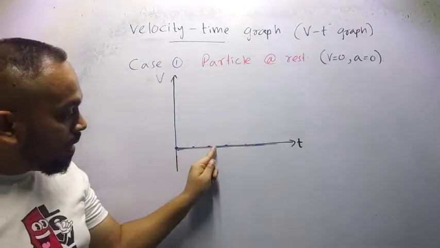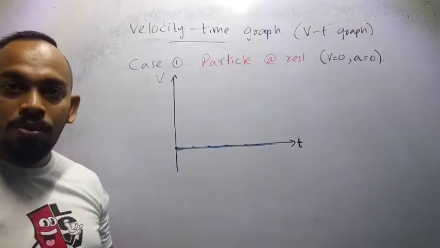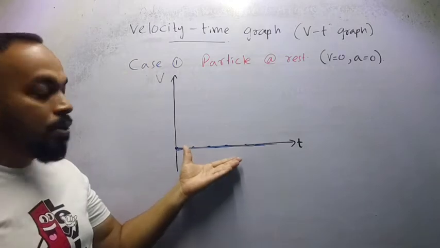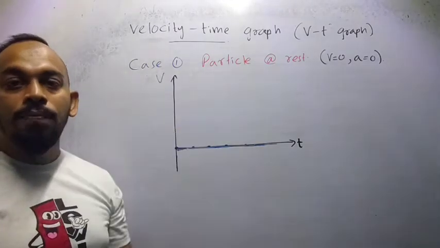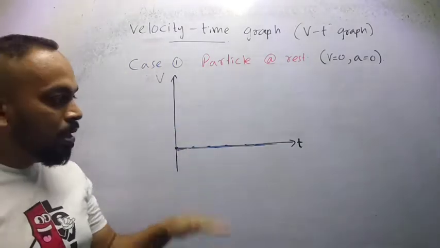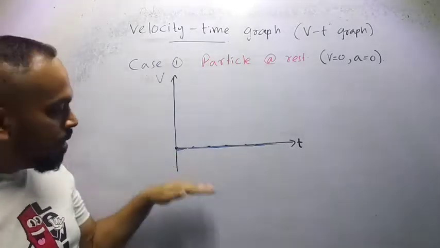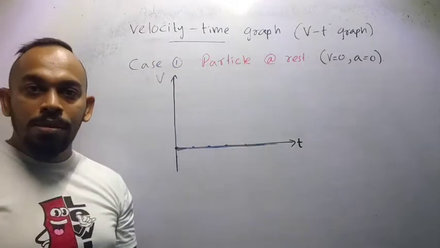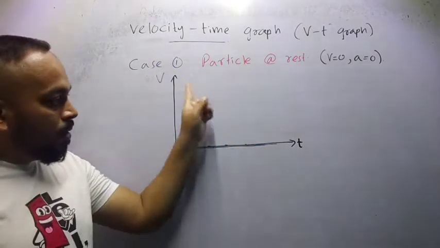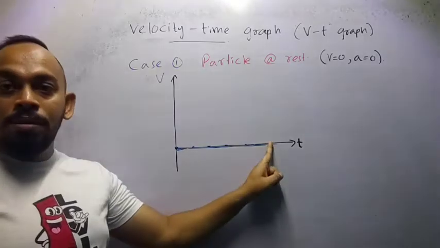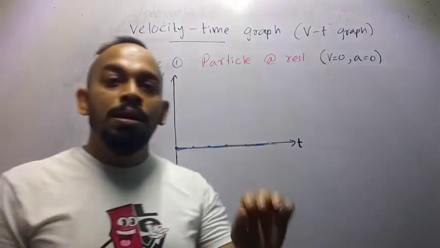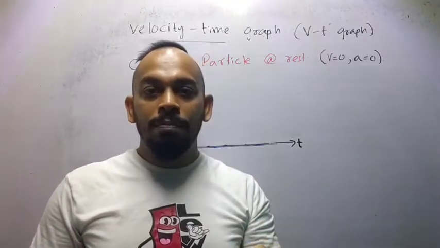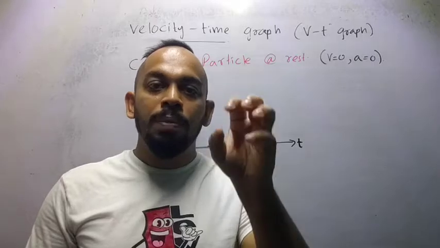So at each time the velocity is 0. This is what a particle at rest looks like in a VT diagram. If your particle is at rest, it must be on the time axis. If your curve cuts the time axis at some point, it means the velocity of the particle at that time is 0.